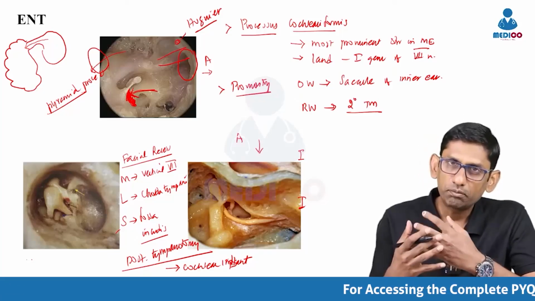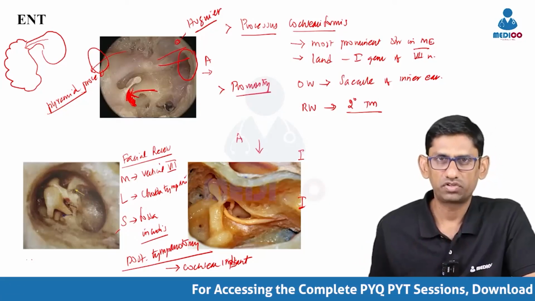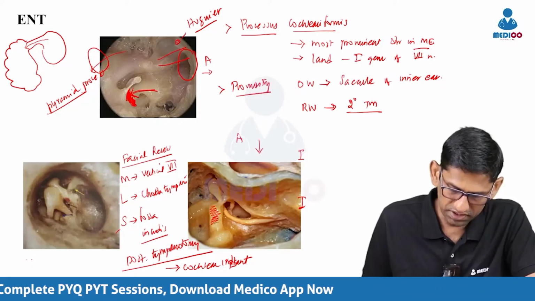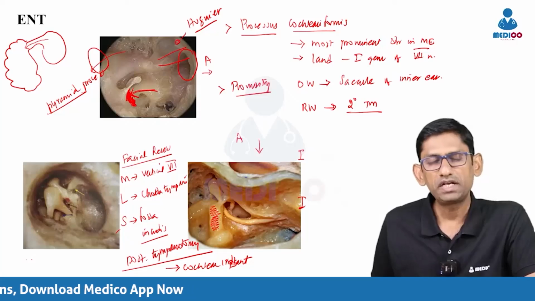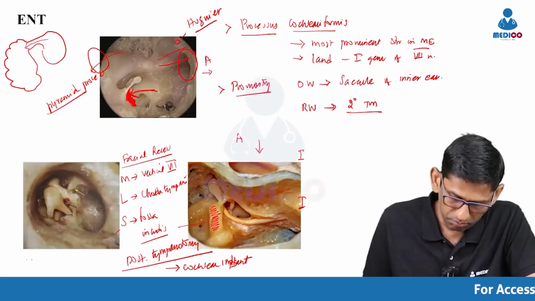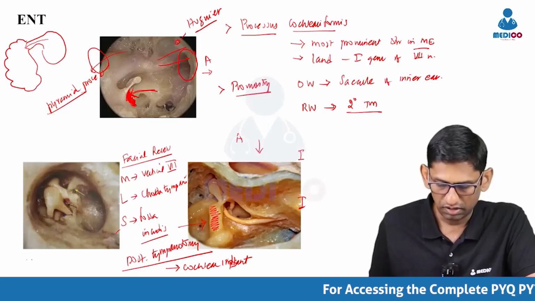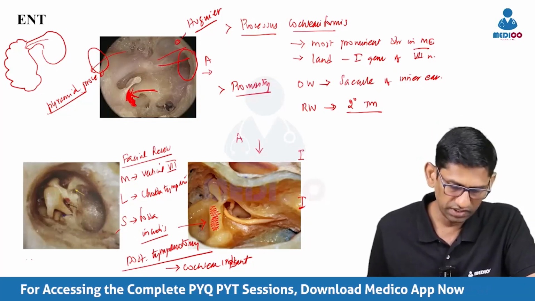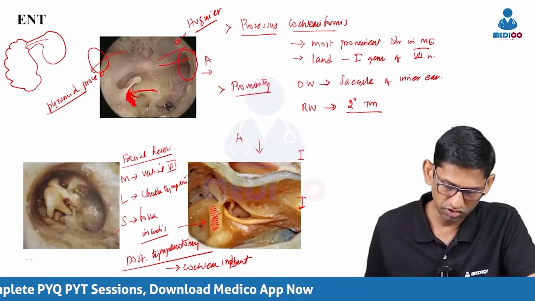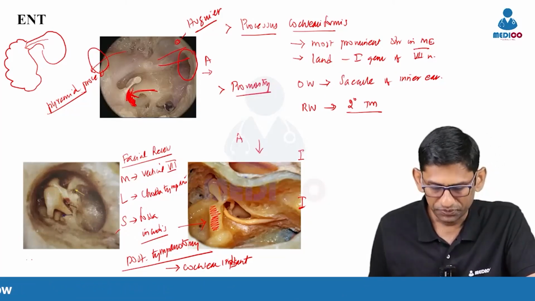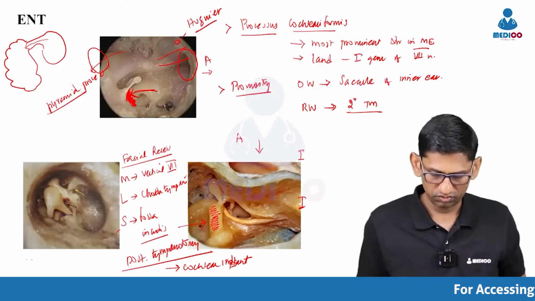If you drill the mastoid very well and skeletonize it, you can clearly see a bony bulge in the medial wall of the mastoid, and that bony bulge is nothing but the dome of the lateral semicircular canal. It is how it looks very clearly in this anatomical picture.